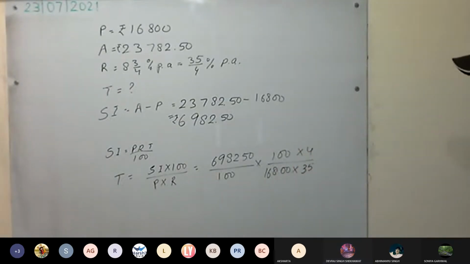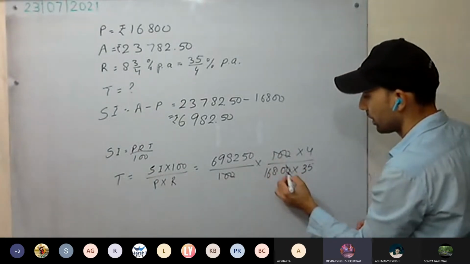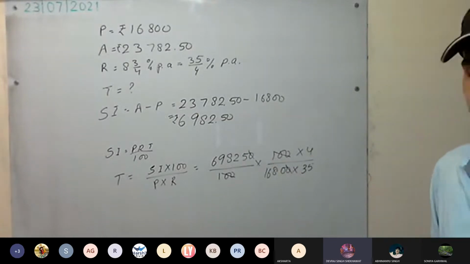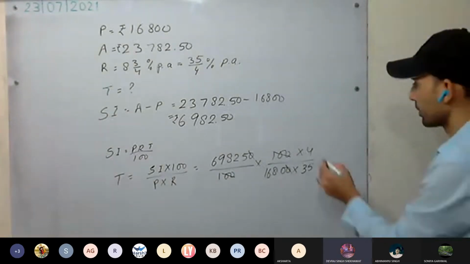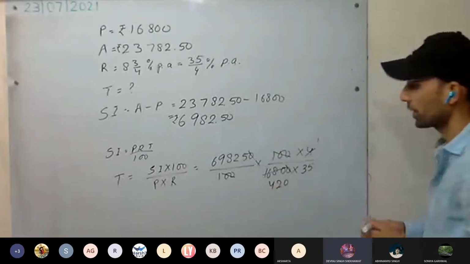Now calculate. 4 and 16,800 is divisible. Cancel them. 4 fours are 16, so 4,200.